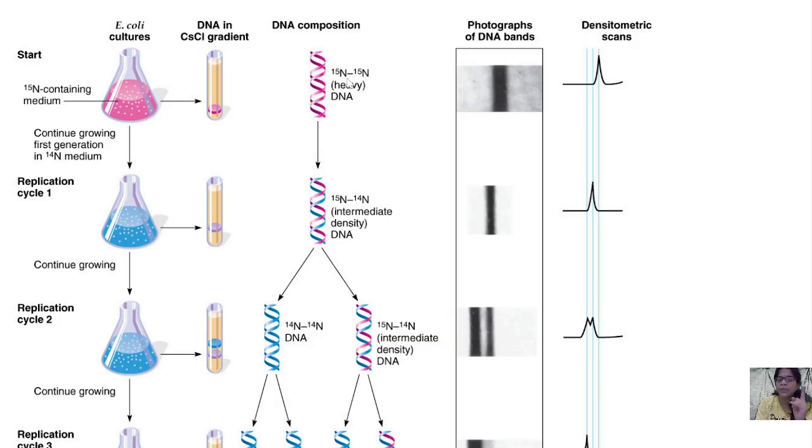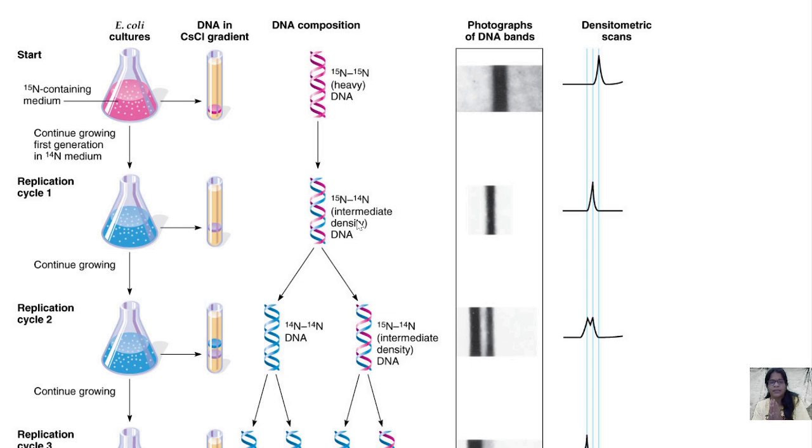See, the parent molecules have their DNA labeled only with N15. So when you look at the band, you will get a darker band, which is a heavier band. In the first round of replication, what happened? They are grown in N14 medium. Because of that, one daughter got N14 and the other daughter got N14 and N15.